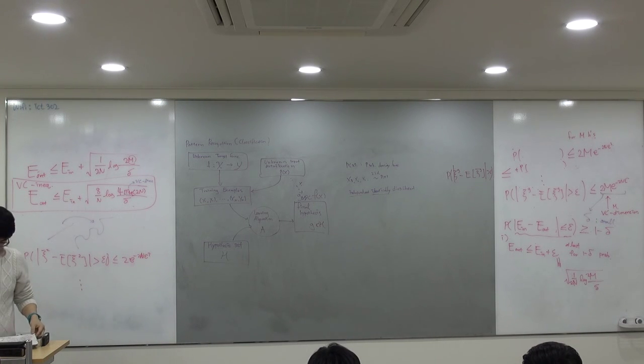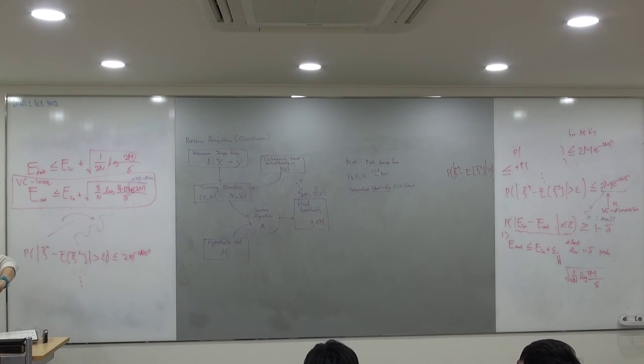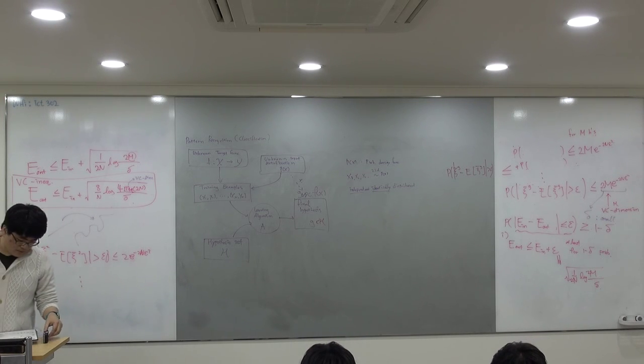That's what this inequality says. Okay. That was the first part. Do you have any questions? And the second part is very simple. I promise I will end in 30 minutes.